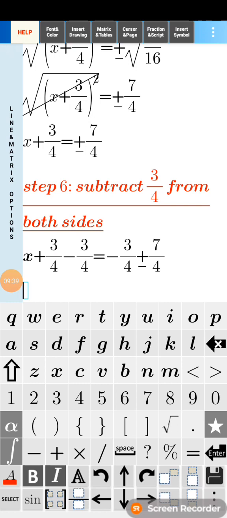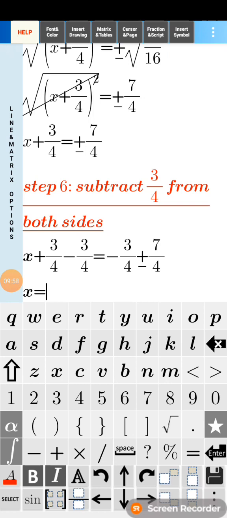So I have my x, then plus 3 over 4 minus 3 over 4 gives me 0. So having 0 there, the next thing is to write my equal sign. Then I'll start to simplify the next equation. So I have to open this.